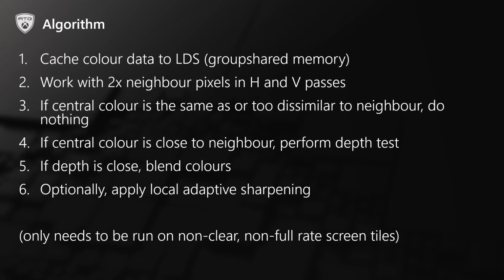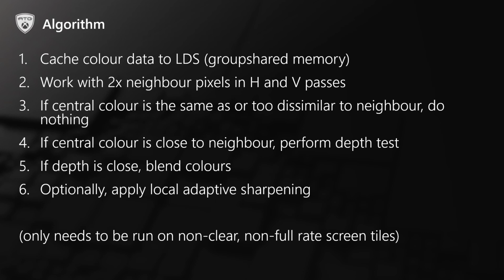So the source code is available for this. The shaders are available in our VRS and Sparse Lighting Xbox sample. So I'm not going to spend too long going over the exact algorithm, I'm just going to touch on it briefly. The first thing we do, a common optimization, is we load color data in blocks into group shared memory. And then we work on separate horizontal and vertical passes.